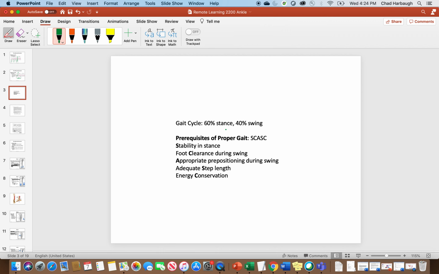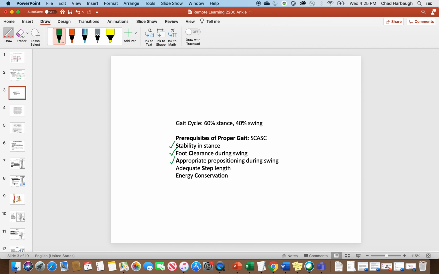So when we're talking about a gait cycle, we have a prerequisite for a proper gait. We should see that the individual has a stability in stance during the 5 phases of the stance phase. When they are going from pre-swing to the swing phase, we should see that they have adequate foot clearance.